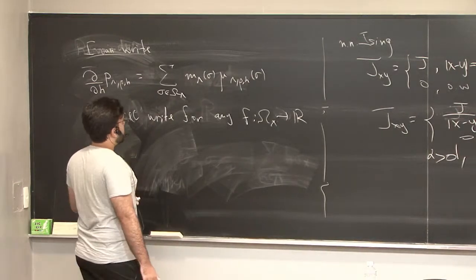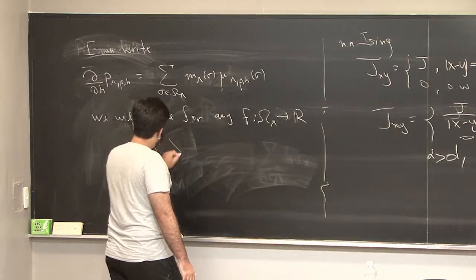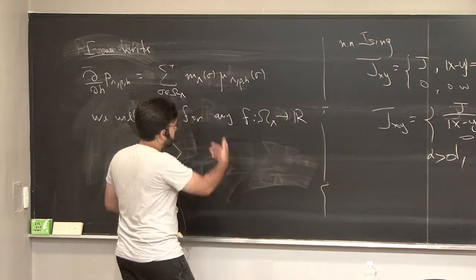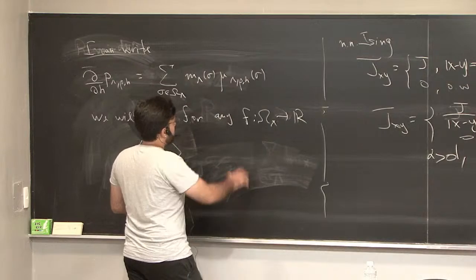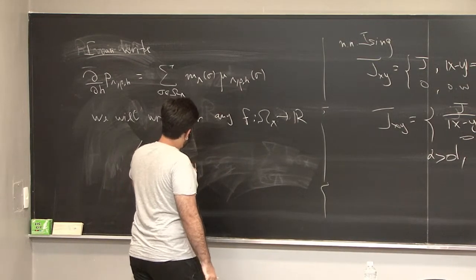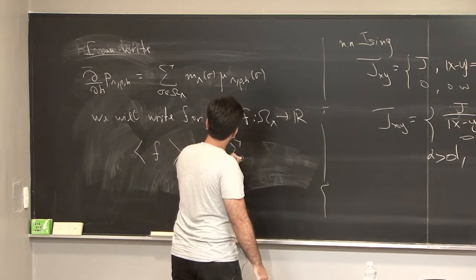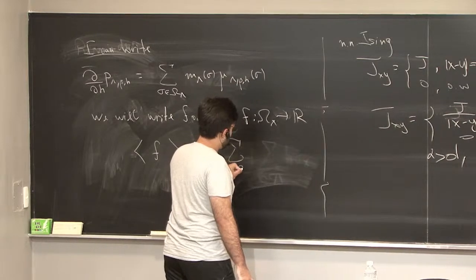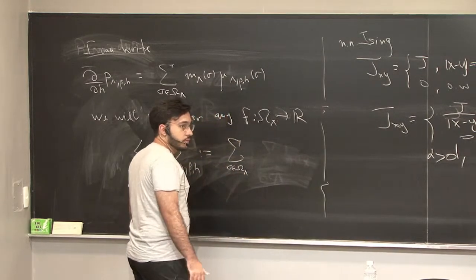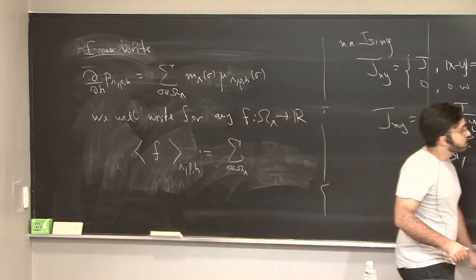We write it like this: the mean of f with respect to this probability measure, we will write it like this. So this is, sorry.